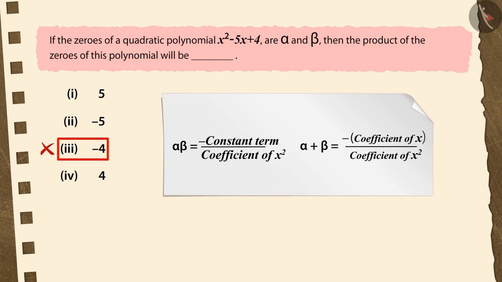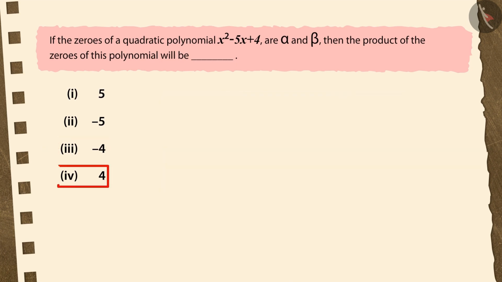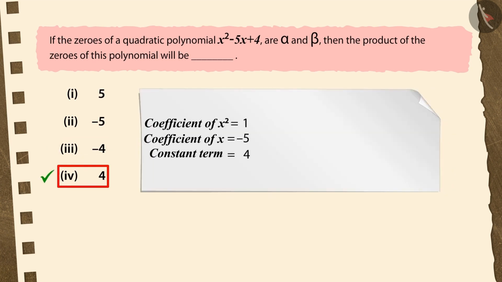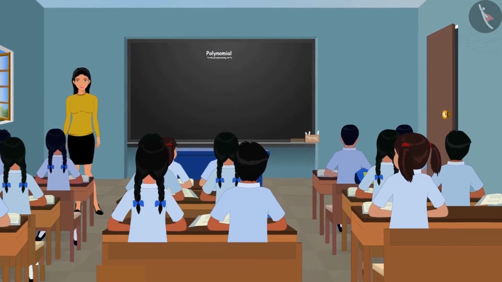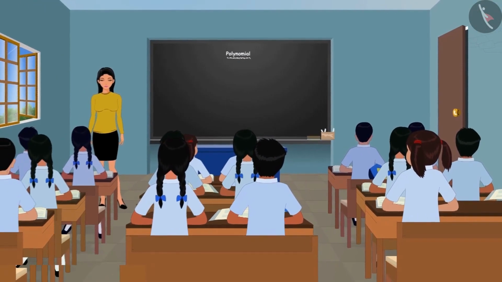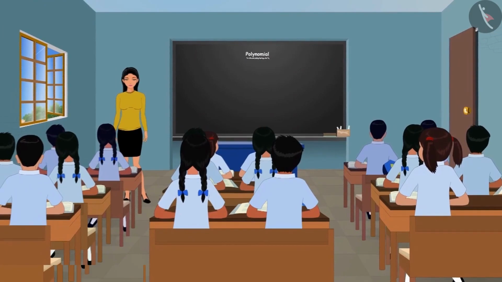The reason for this is the use of a negative sign in the formula for the product of zeros. If you have selected the fourth option, then your answer is correct. You have chosen all the values correctly and calculated it using the right formula. Teachers can also test the understanding of students in the class with the help of such examples.